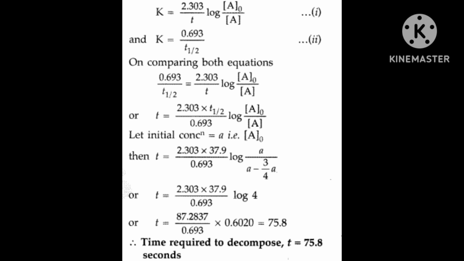Then what will be the remaining pressure of gas A? Keep in mind that small pA, small pB and small pC are the partial pressures. Now x atmospheric pressure has decreased, so what is the remaining pressure of gas A?